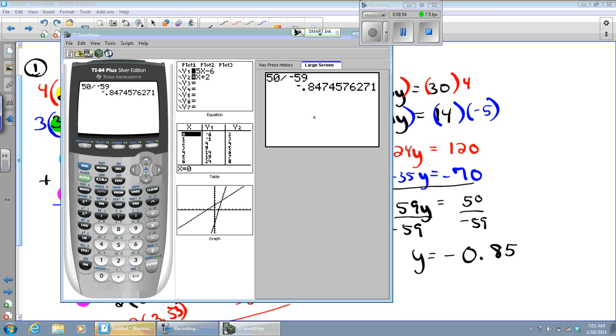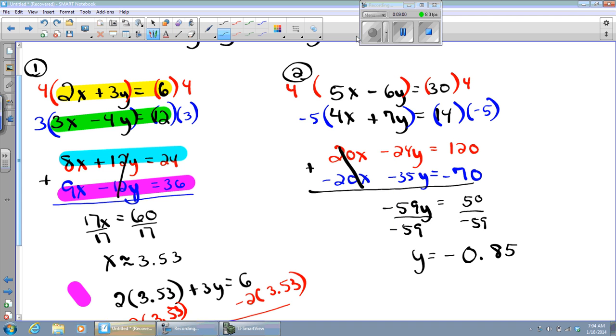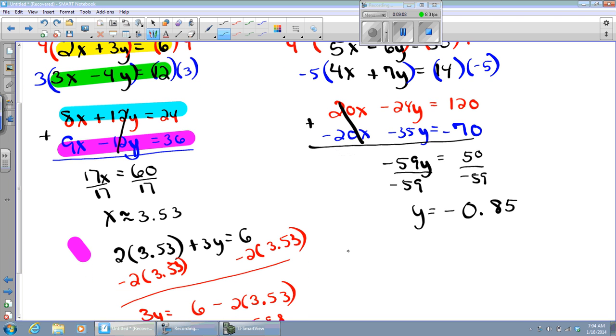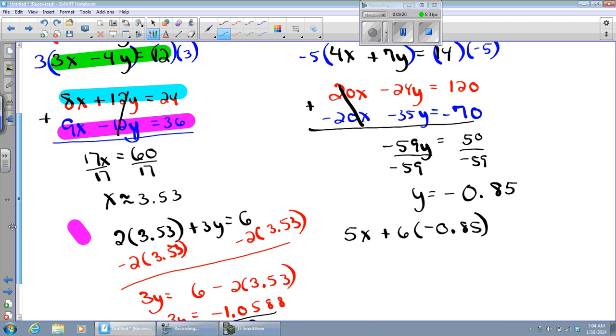I'm going to use this because with the graphing calculators or the TI-30X IIS's that you guys have, there's no reason not to. All right, I think I'm going to plug that into the second equation. Oh, excuse me, into the first equation. And so I'm going to get 5x, and that's going to be plus 6 times this negative 0.85, and that's going to need to equal 30.